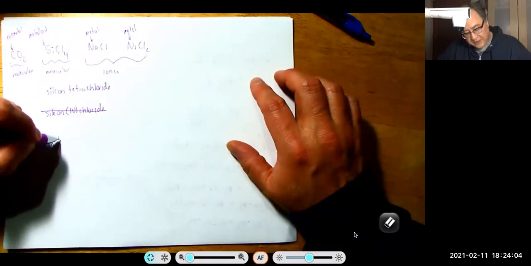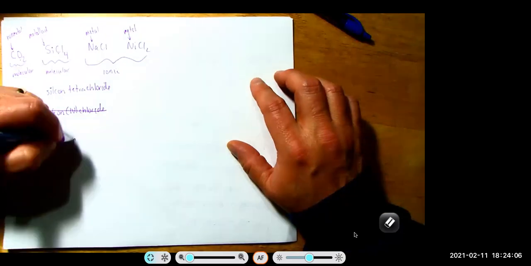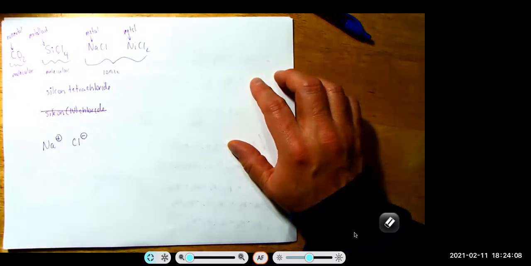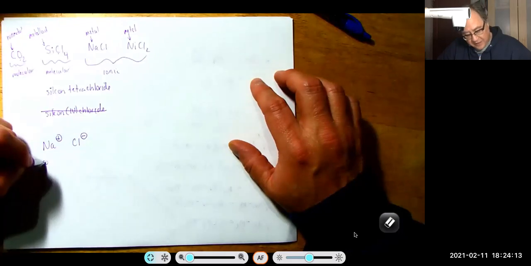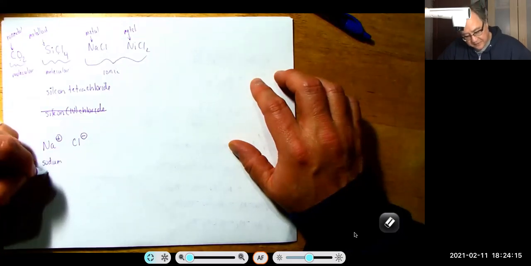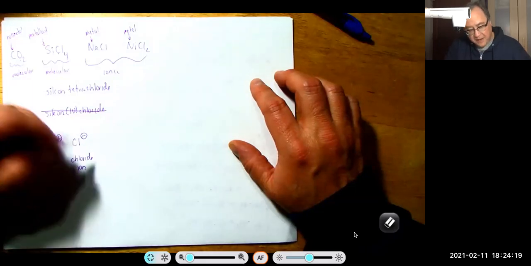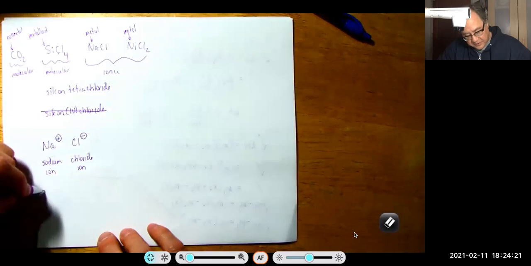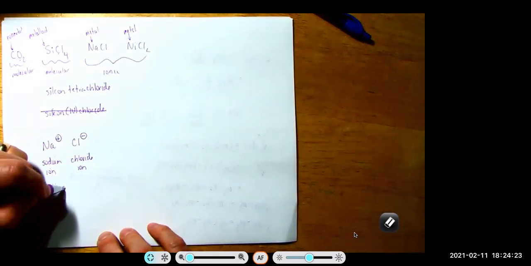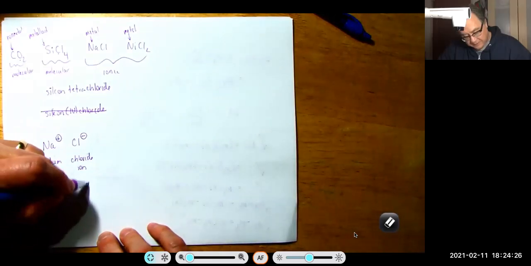Sodium is in 1A, so it's +1. Chlorine is in 7A, so it's -1. This is called sodium ion. This is called chloride ion. To name the whole compound, you put these two together. Sodium chloride. And you leave off the word ion.